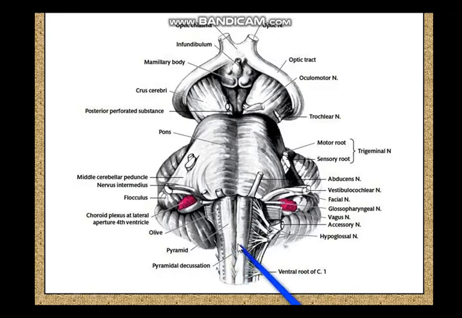This obliteration of the anterior sulcus is due to the decussation or crossing of the fibers of the pyramidal tract. So because of the pyramidal decussation, this anterior sulcus is somewhat obliterated towards the lower part of the medulla, and this prominence by the sides of the anterior sulcus is called the pyramid. This prominence is the pyramid because it contains the pyramidal fibers.